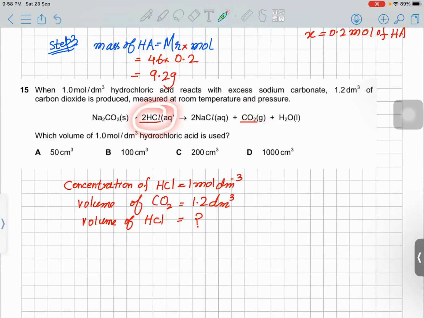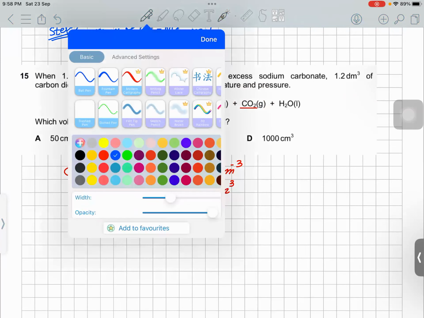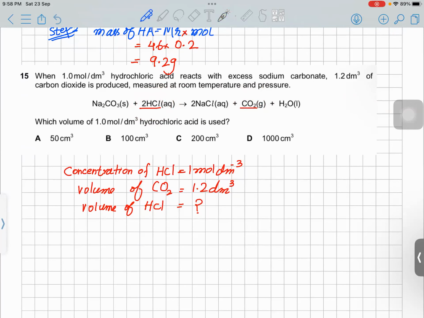Then you can easily find the volume of HCl. Sir, is the volume given for carbon dioxide the molar volume or just the volume? Molar volume, RTP means molar volume. Okay, room temperature and pressure. This is RTP.